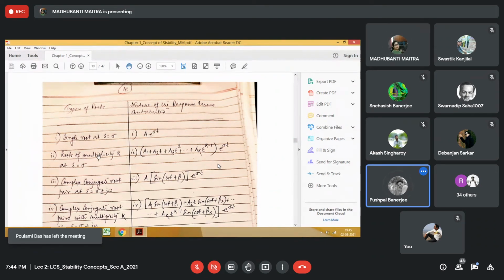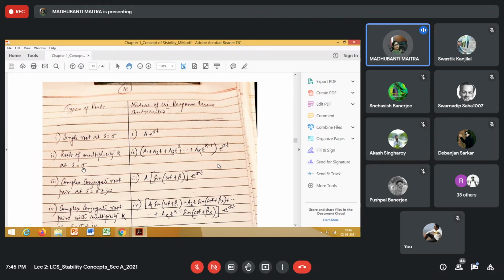So next we are considering roots of multiplicity k. That means k number of real roots are occurring at this particular location, which is s equal to sigma. So at s equal to sigma on the s plane, we are getting k number of repeated roots.